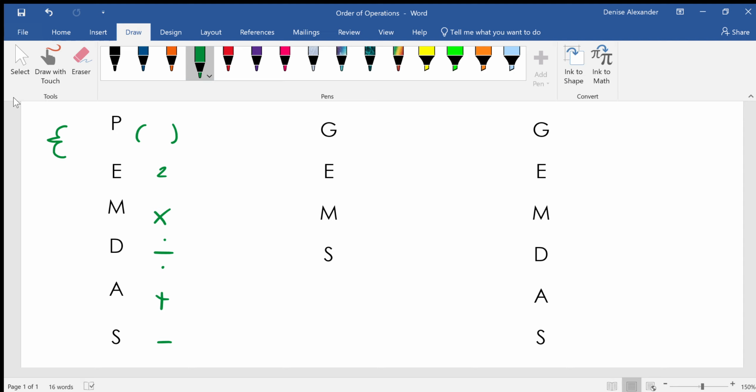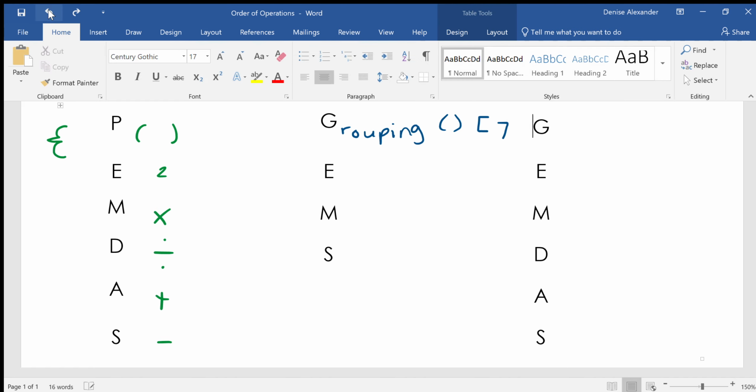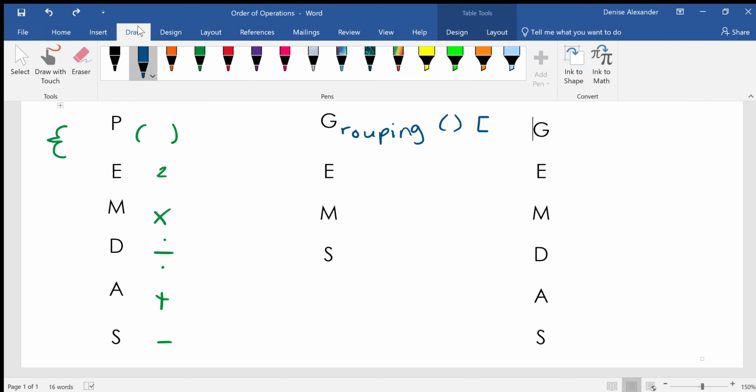So then I became a teacher, and I found out that we don't teach PEMDAS anymore. We actually teach GEMS. Now, GEMS stands for grouping. Okay? Which means parentheses, brackets, and those silly, what I call Bob Hope noses.